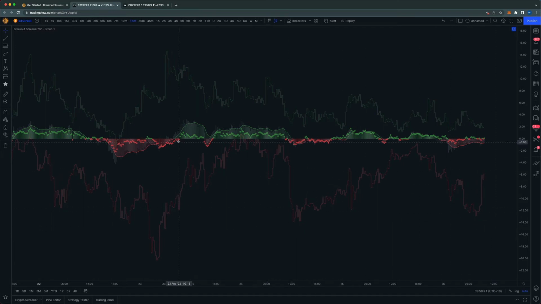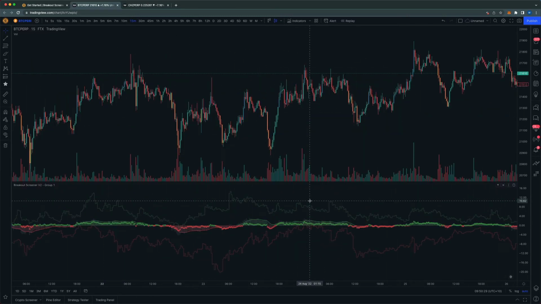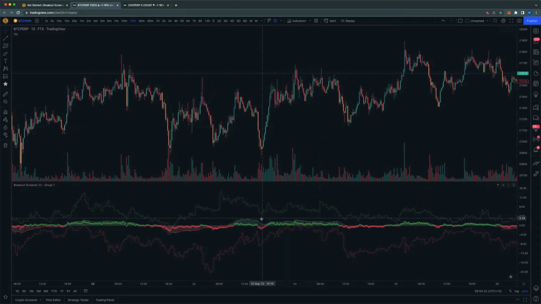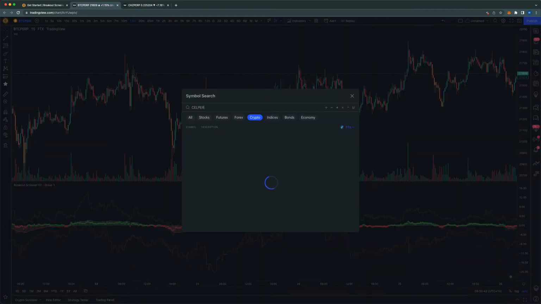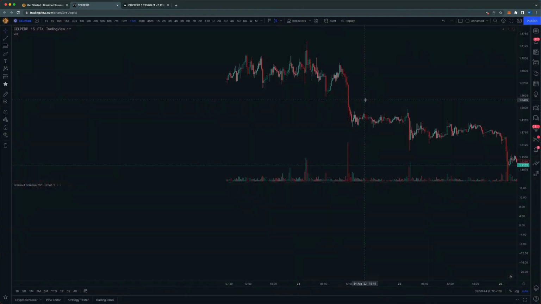And we can see that the market VWAP was positive through this section, negative through this section, and in fact let's just compare this with our Bitcoin chart. We can see this would have been a great opportunity to ride some longs through here, and this would have been a great opportunity to ride some shorts through this section. Let's try this on a different chart. Let's pop it on CEL.